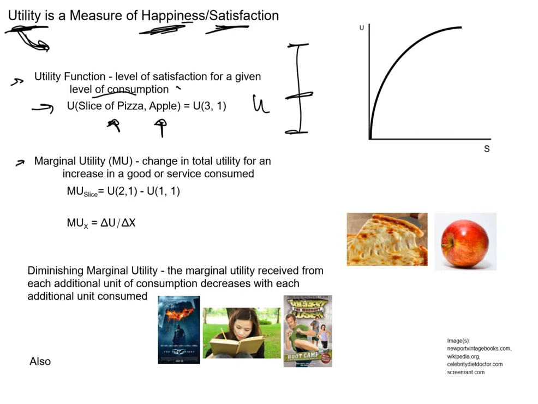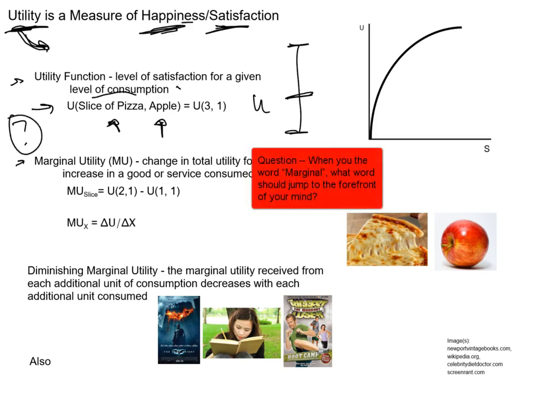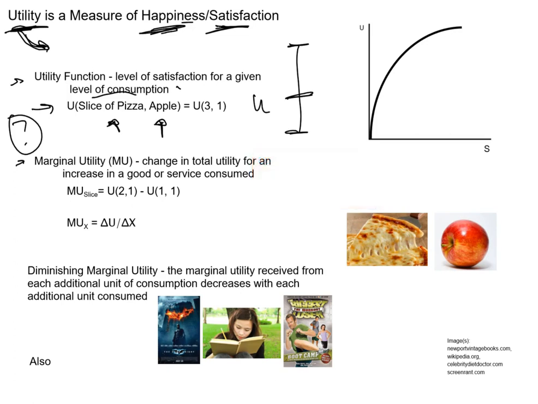A useful concept for us is going to be marginal utility. And again, when you see the word marginal, what is the word that should be jumping to your head? So we can define marginal utility as the change in total utility for an increase in one of our goods, right? Following the notation where the first input is slices of pizza and the second input is apples, let's think about what this notation is representing.